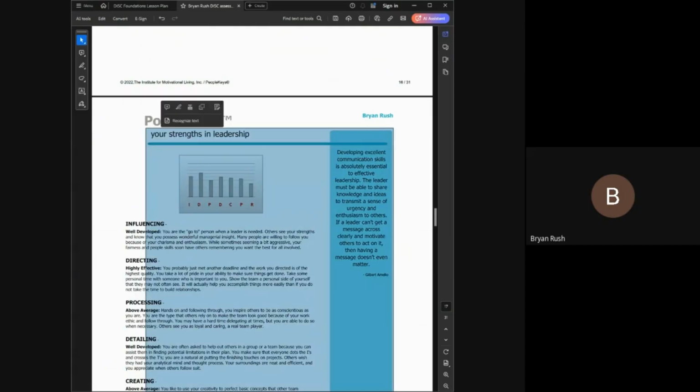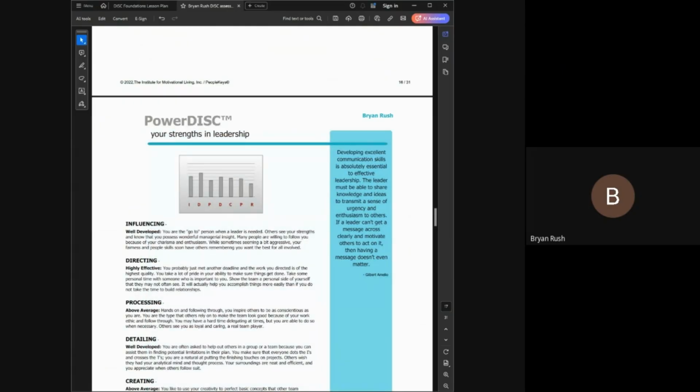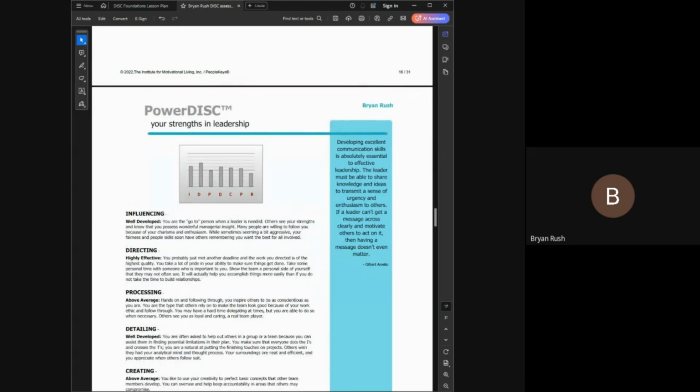Kind of like on your disc charts, the ones that show up above that horizontal line, those are going to be the ones that you bring to the table in great ability and great strength. So for example, I have the I, the D, the second D, the C, and the P both above the baseline. So that means influencing. That also means directing. So it says my influencing is well developed.